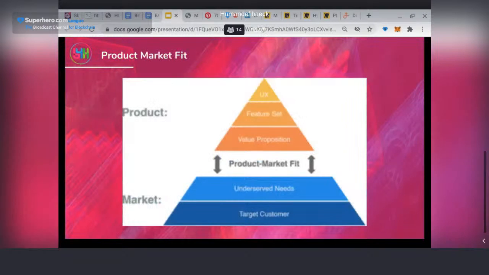But how do they do that? They do that not from one day to the other. They do that from a very deep process of product designing with a very clear goal, especially when they start putting a new product in the market. And that goal is the product market fit.